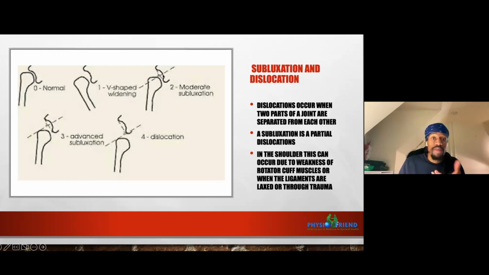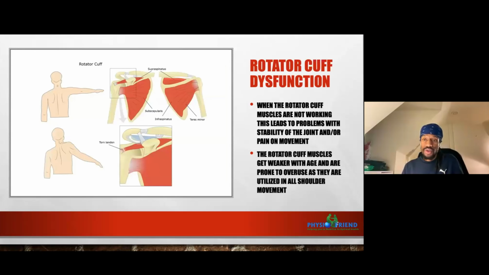So this is basically a partial dislocation, whereas with a dislocation, the bones are definitely not connected. Again, that can happen because of weakness of the muscles, and the dislocation can happen from direct trauma, etc.